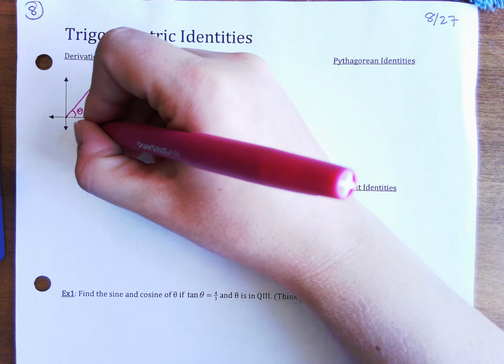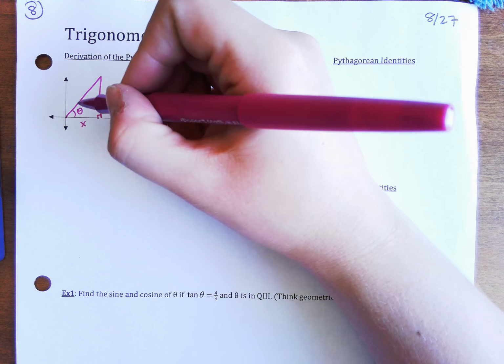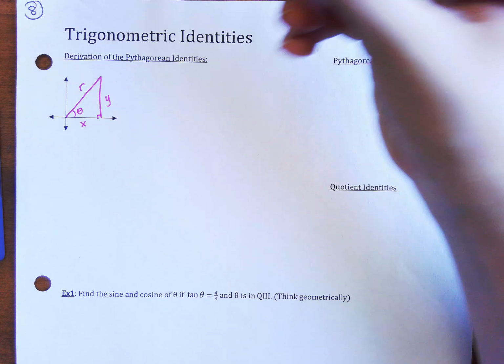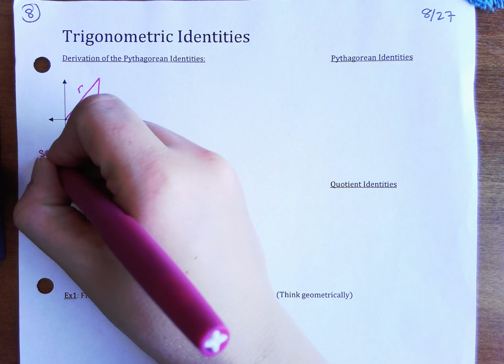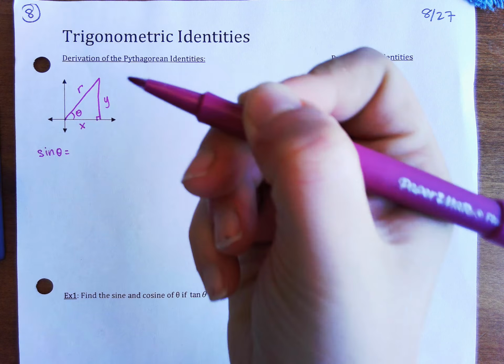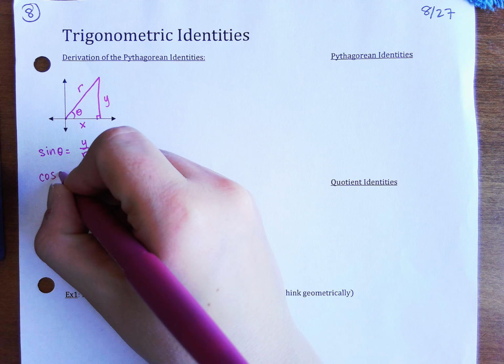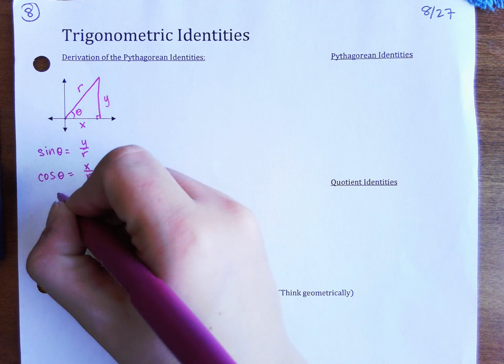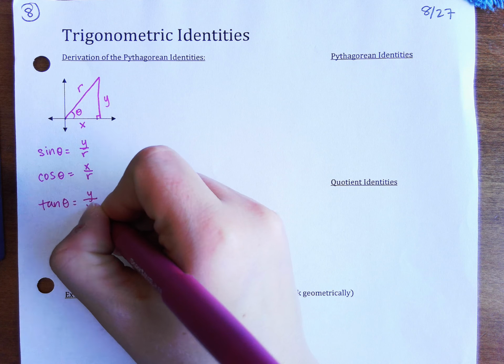We've already labeled this: if this is our point and this is our terminal side, this would be my x value, my y value, and this is our hypotenuse of that triangle. And we know that the sine of theta is equal to y over r, cosine of theta is x over r, and tangent of theta is y over x.